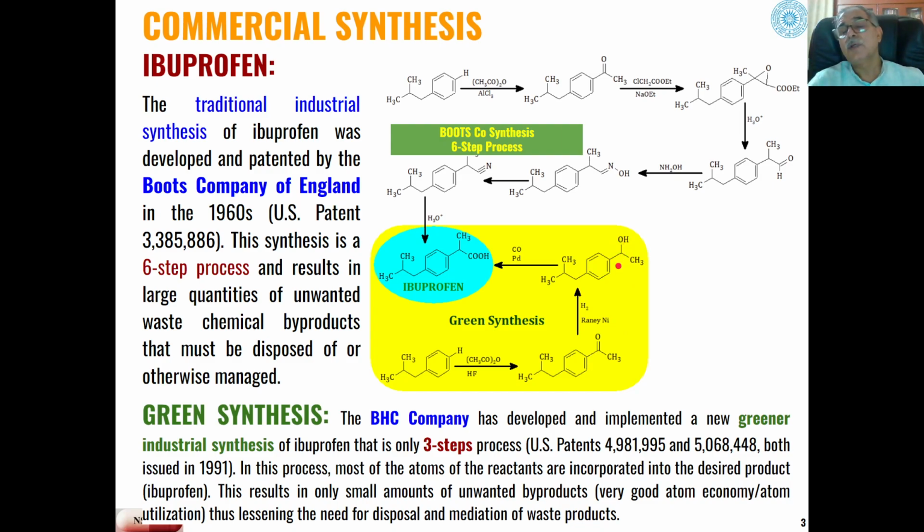The respective alcohol is formed, and when this alcohol is reacted with carbon monoxide on palladium, it is converted into ibuprofen. So this greener synthesis is far better environmentally, and it is a short process also, whereby we can get our product in three steps.